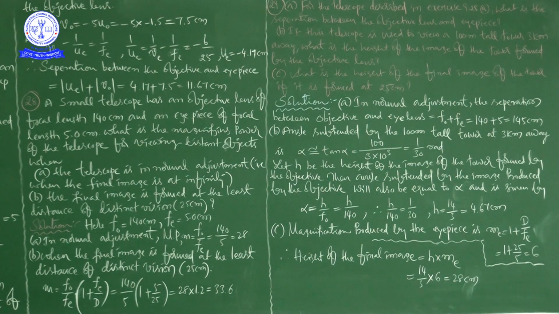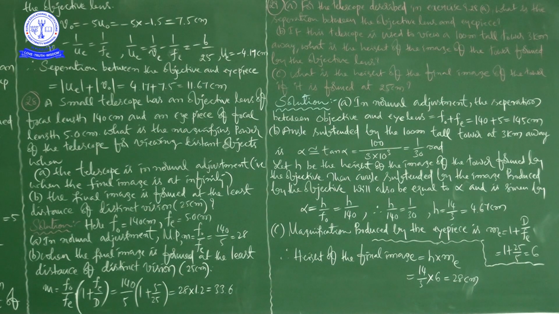Next, let h be the height of the image of the tower formed by the objective. Then the angle subtended by the image produced by the objective will also be equal to alpha, and is given by alpha equal to h by f naught.